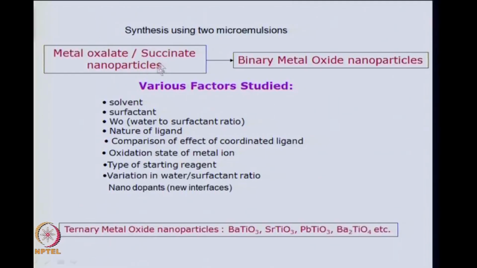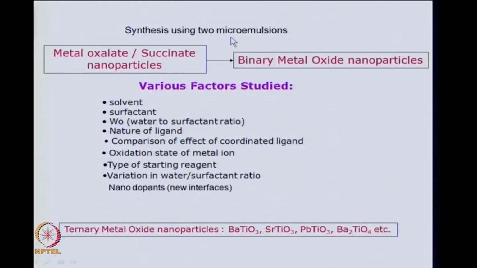And then using this metal oxalate or carboxylate, you slowly decompose it to get binary metal oxide nanoparticles. So, these nanoparticles we can control using the microemulsions. The size and shape of these nanoparticles can be controlled by effectively choosing the various parameters which govern these microemulsions.